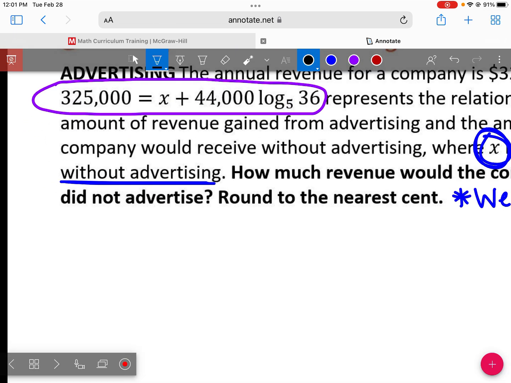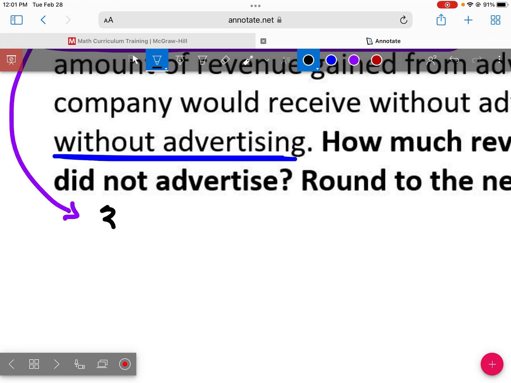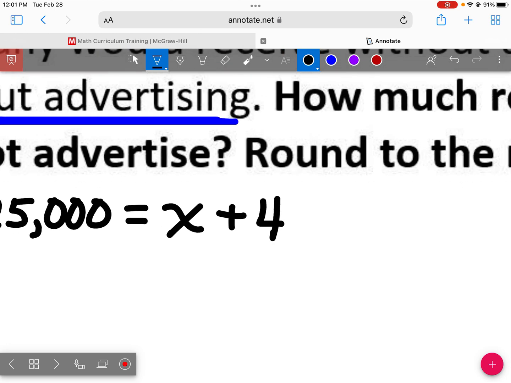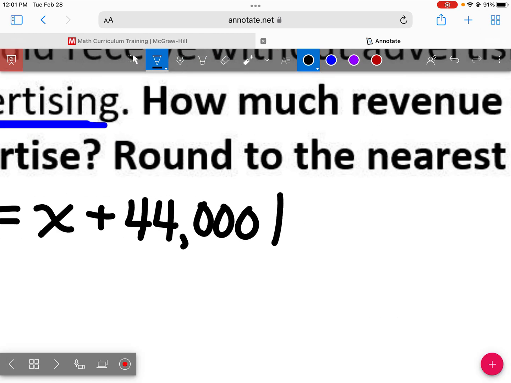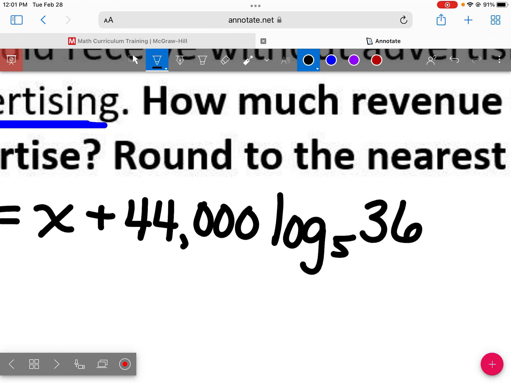All right, so I'm going to recopy this equation down here. $325,000 equals X plus 44,000 log base 5 of 36.